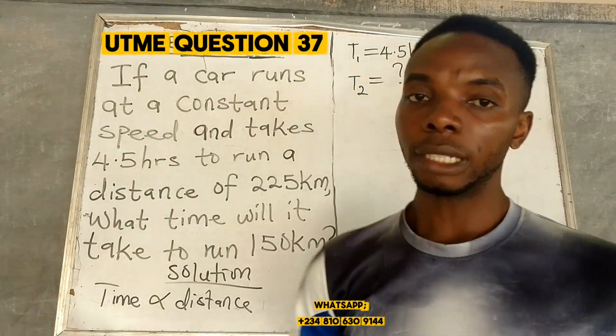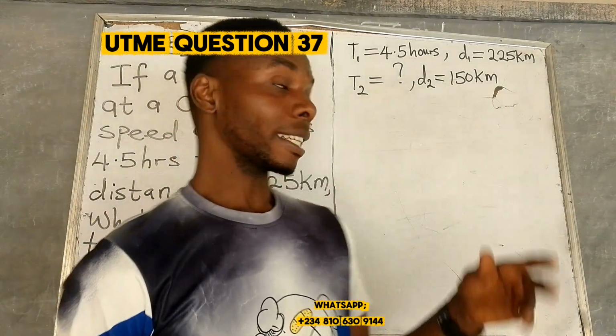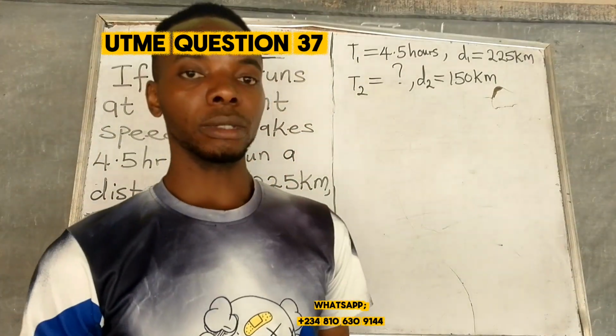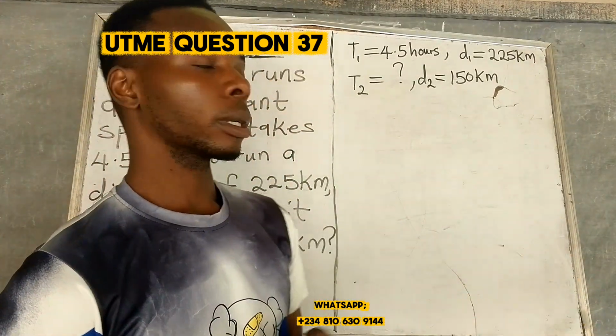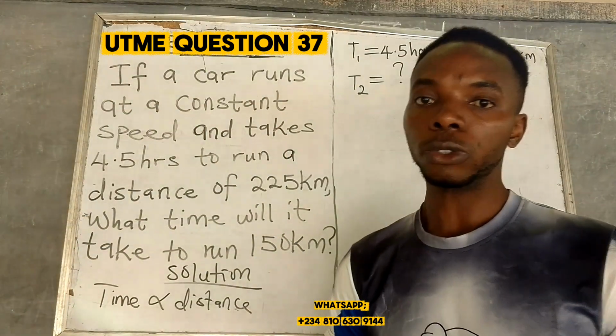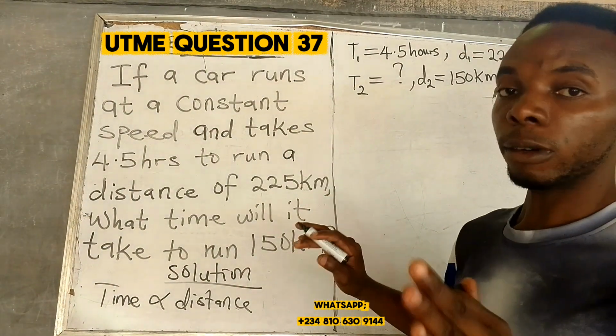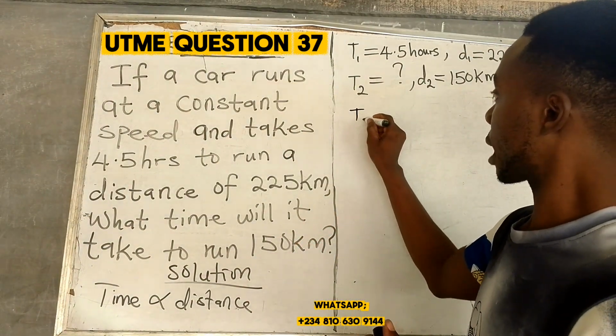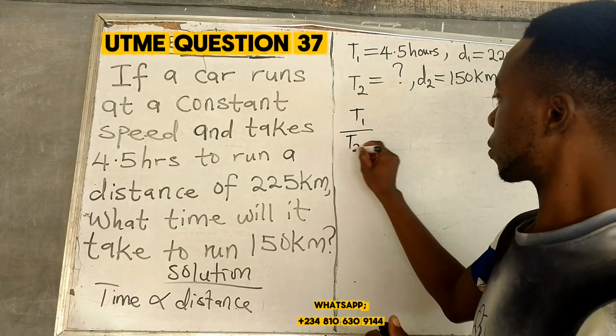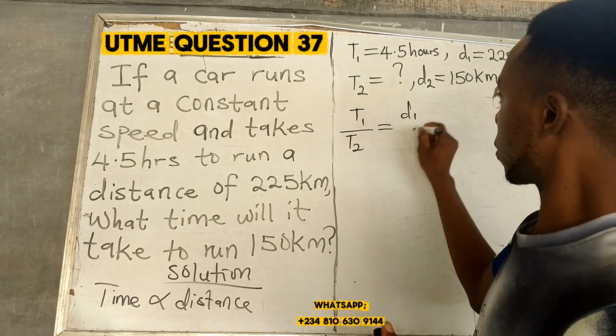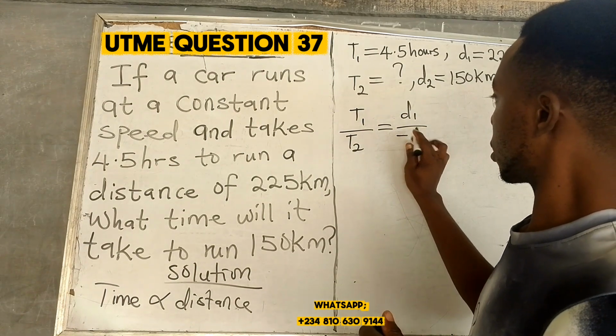Now that you have set up this, and they are directly proportional to each other, we set up the formula I want to use to solve this question. The formula will be time 1 over time 2 is equal to distance 1 over distance 2.